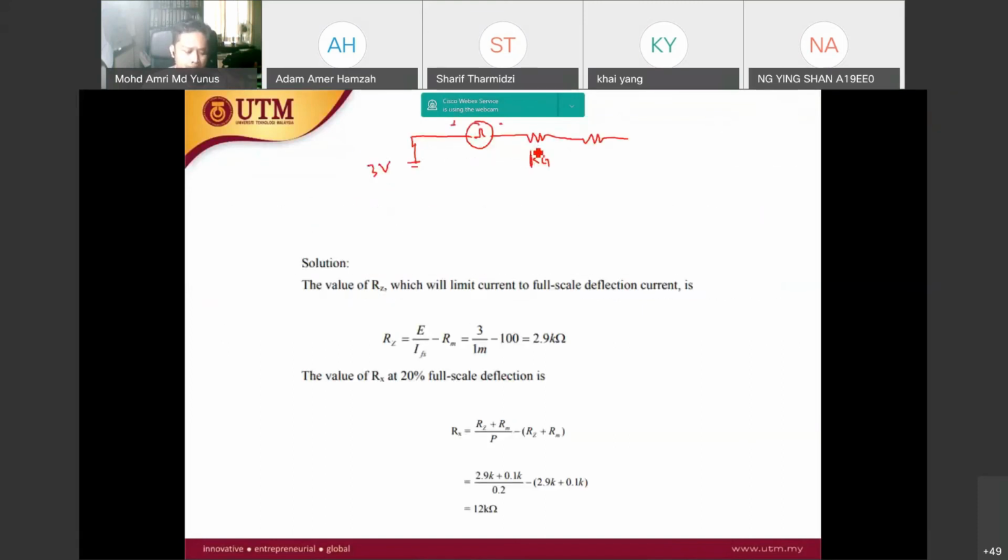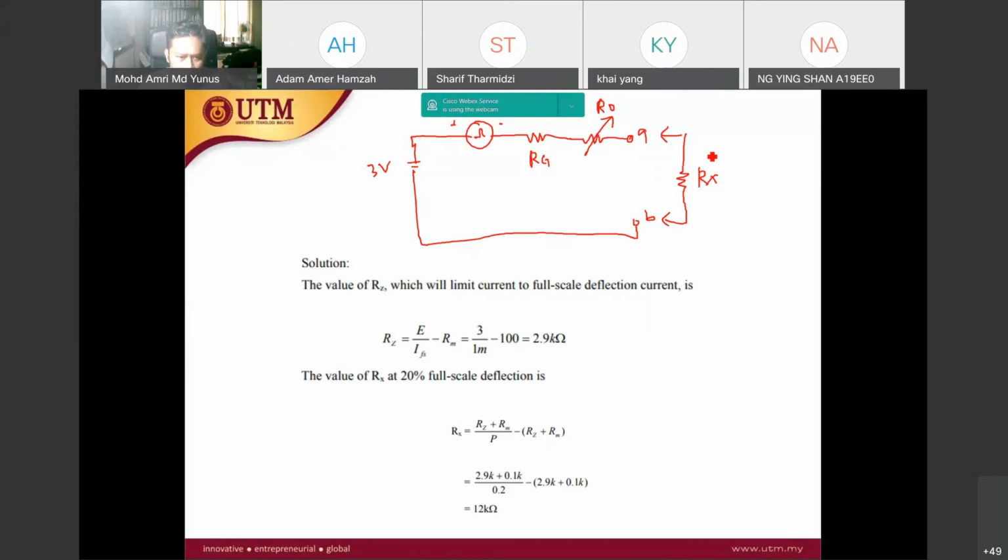This is the Ro, the adjustable resistor, and here is the terminals A and B, where we can put a value of Rx.